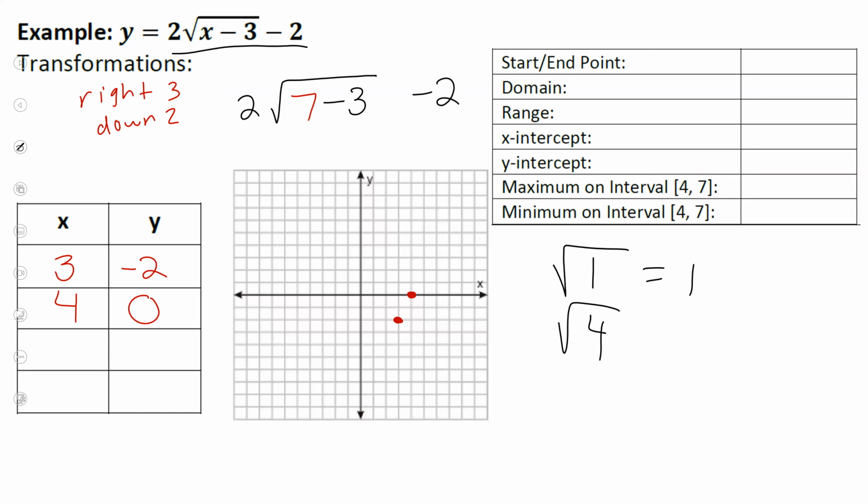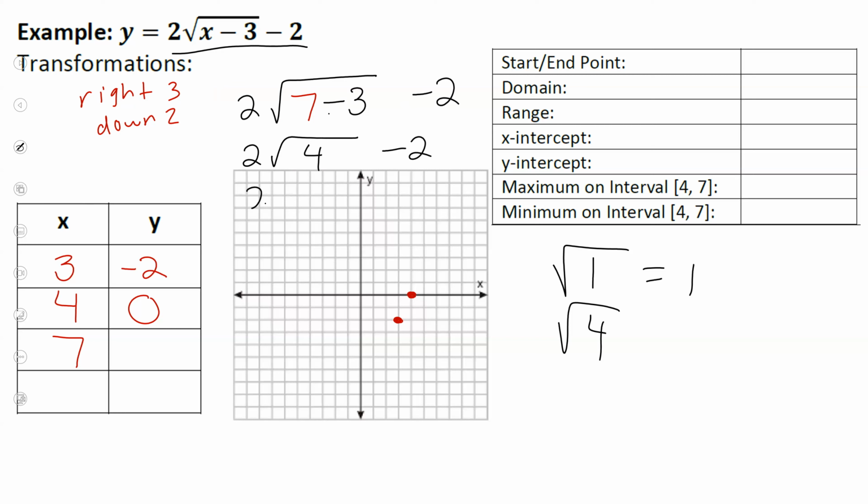So in your table, you should have a 7. Now let's evaluate it. 2 square root. I just copied it down. 7 minus 3 is 4. And that's why I chose 7, because the square root of 4 is 2.